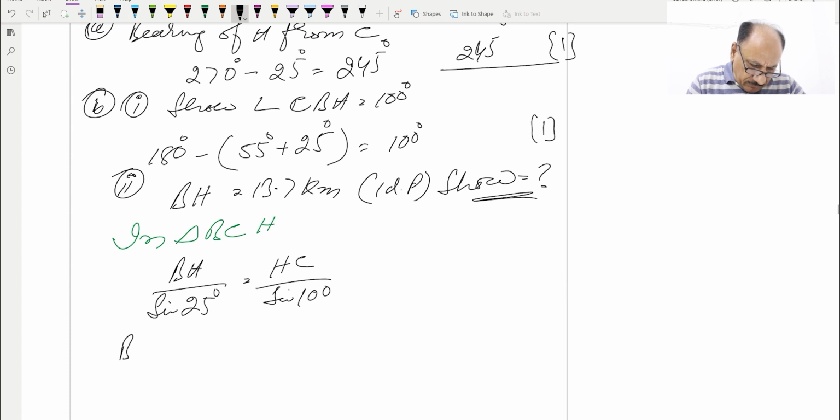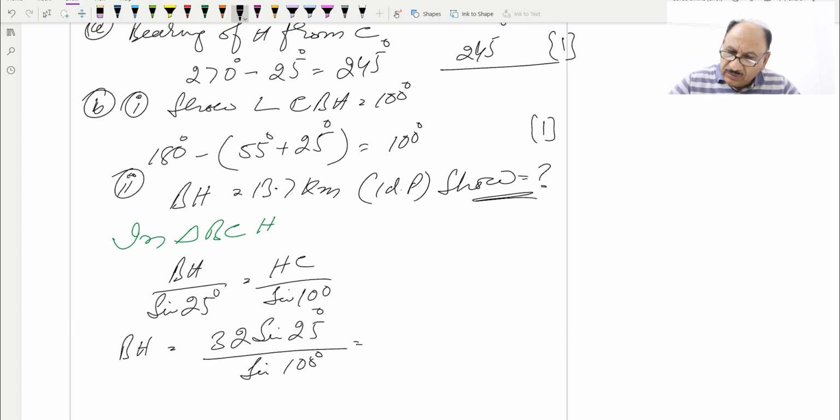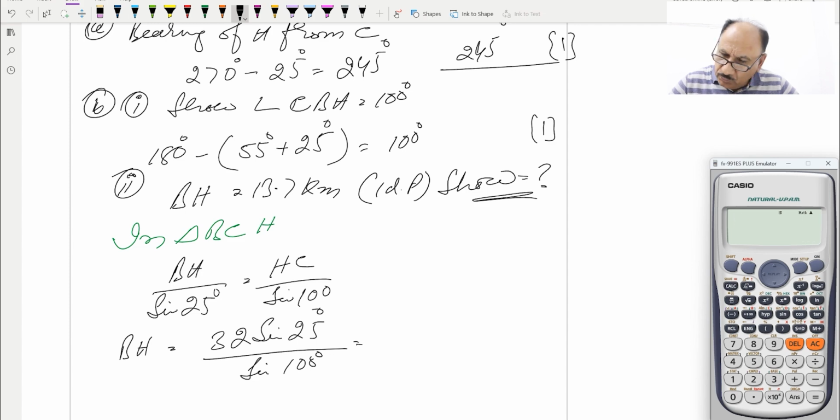So BH is equal to 32 sine of 25 degrees divided by sine of 100 degrees.